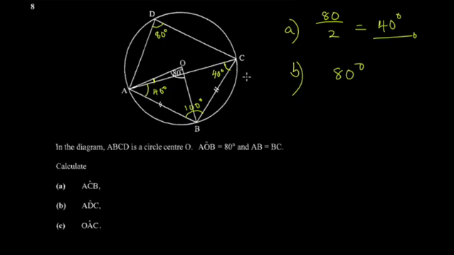Okay, so how do you find this? So here, just notice AOB. It's a triangle formed from the center. Every triangle formed from the center is an isosceles triangle. So if we have 80 here, we can ascertain the angle for this part and also for this part. So we can just say 180 minus 80, we get 100.